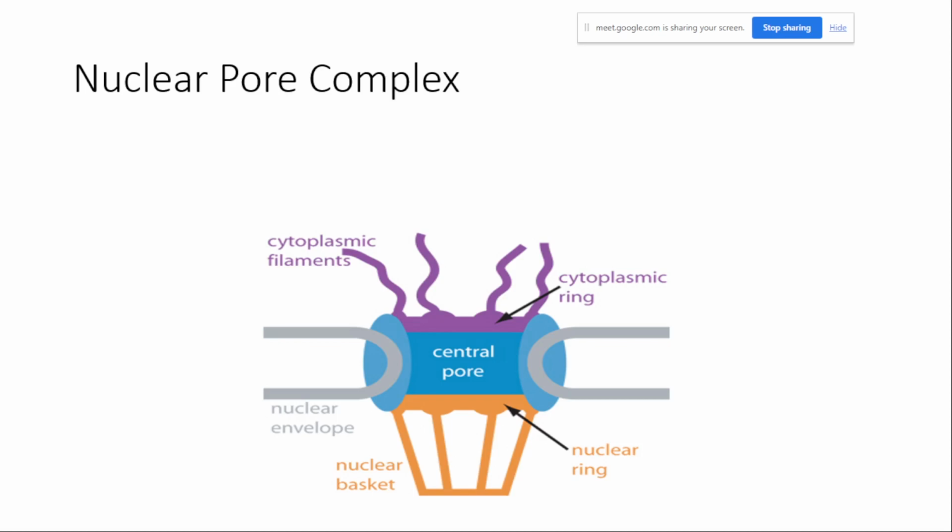Because it is situated in the pore. This is the envelope, and this is the pore. That's why it is known as the nuclear pore complex. Any doubt in this? No, sir. Okay. And I forgot to mention the nuclear basket here, which is facing the nucleus.